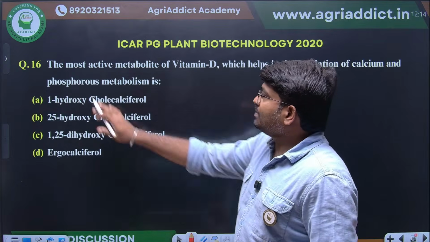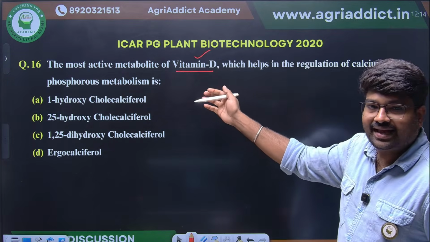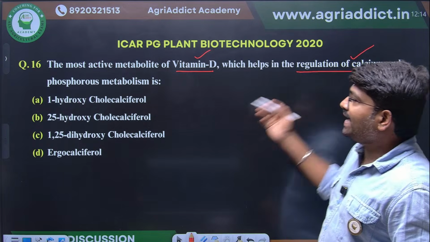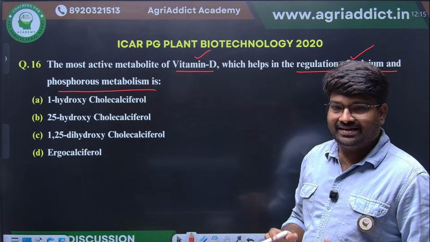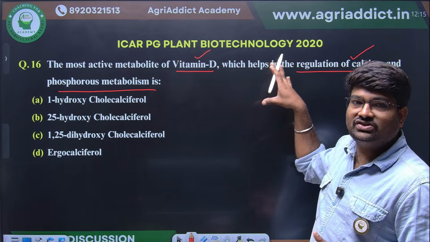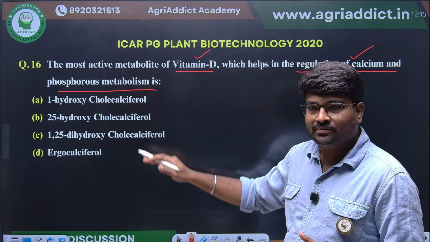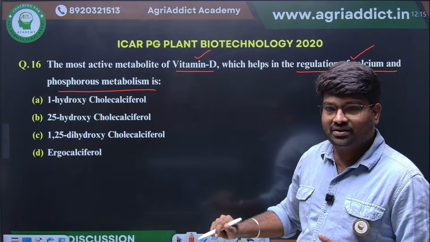Next, the most active metabolite of vitamin D, that means the biologically active form of vitamin D which helps in regulation of calcium and phosphorus metabolism, is what? Whether it's 1-hydroxycholesterol, 25-hydroxycholesterol or 1,25-hydroxycholesterol.